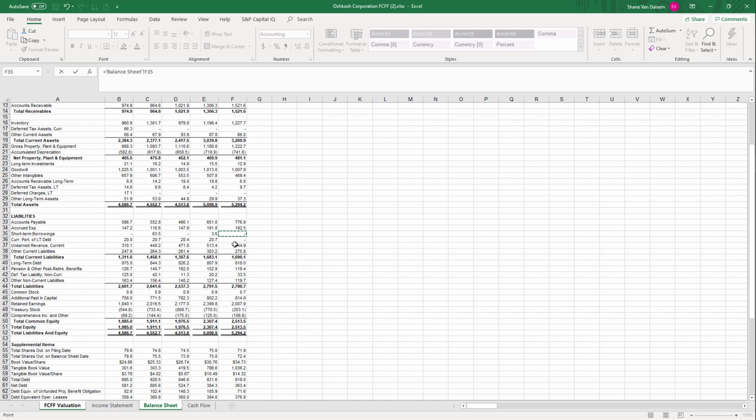I would if there were a number there. So in 2017, they did have both the short-term borrowings and the current portion of long-term debt, and I would add those in if those were positive numbers here. So we're going to have the long-term debt, and that's going to be all of our interest-bearing debt for Oshkosh at this time.